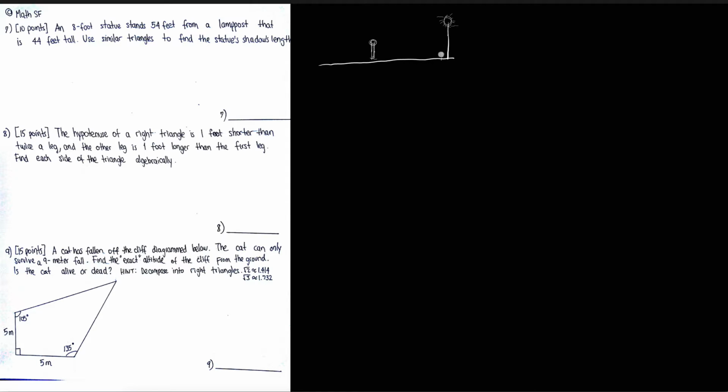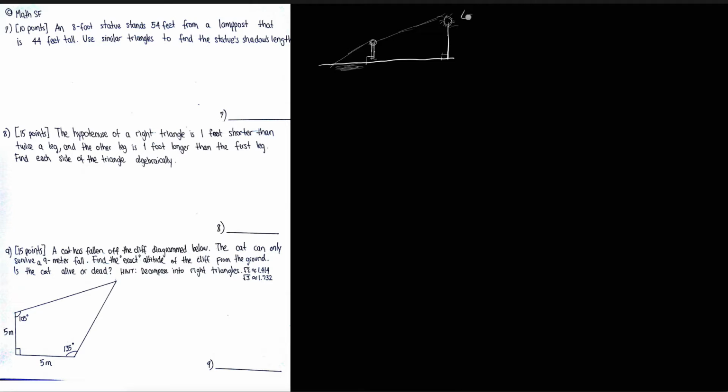Remember that for them to be standing, each of them should be at a 90 degree angle, right? And they say that the statue casts a shadow, which is going to be somewhere in the bottom part here. This is going to be your shadow. This is your 44 feet tall lamppost.